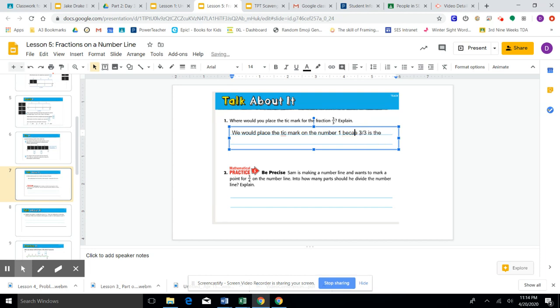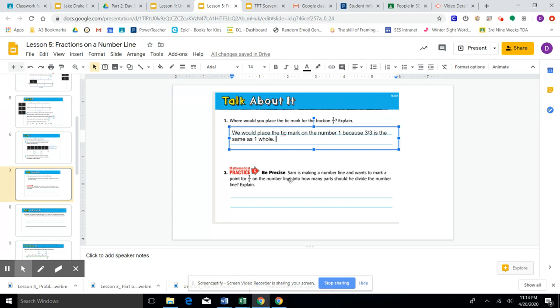Miss Pfeiffer having trouble typing. So we would place the tick mark on the number 1 because 3/3 is the same as 1 whole. That's what that question is asking.